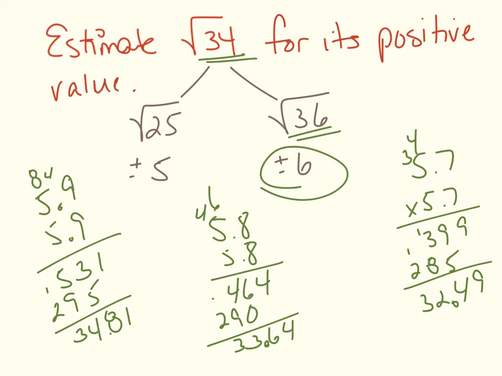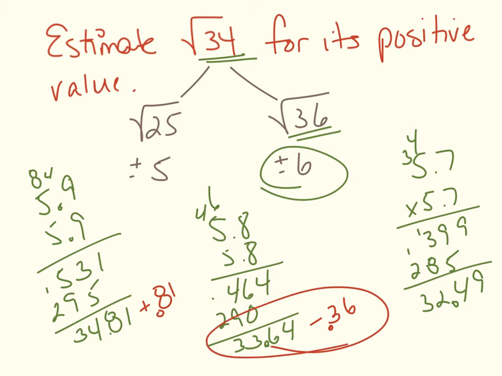And as you can see, the 34.81 is over 34 by 0.81, and the 33.64 is under 34 by 0.36. So your closer estimate is 33.64. So your actual answer is 5.8. To estimate the square root of 34, you would look at 5.8 as the answer.